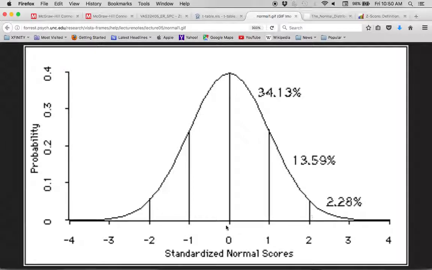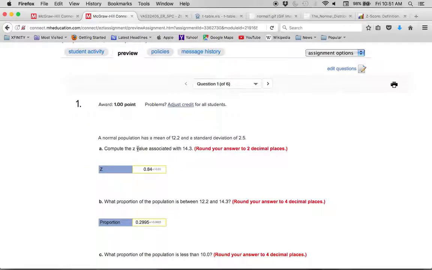All right, so these z-scores are telling us, how far are we from the mean, how many people are taller than us, how many people are shorter than us, right? You can think of it that way. So there's lots of different questions that can be asked. But right now, we're just computing the z-value.